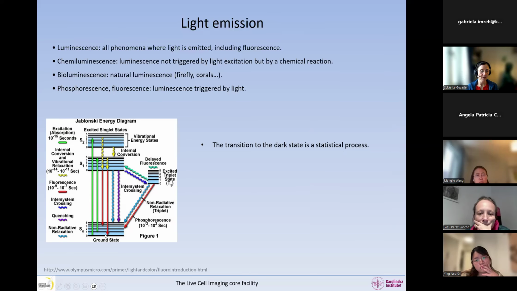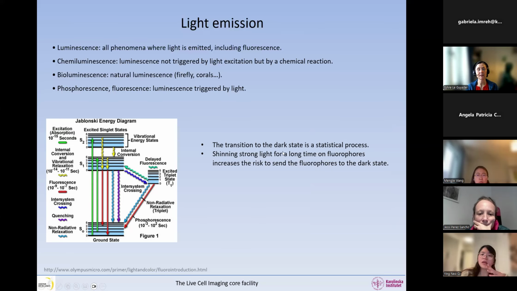So sometimes the fluorophore, when it's excited, will fluoresce. Sometimes it will not fluoresce, it will just vibrate. Sometimes it will go into the dark state. If you shine very, very strong light on your fluorophore, there is a higher risk of sending the fluorophores to the dark state, especially if you shine very strong light for a long time.